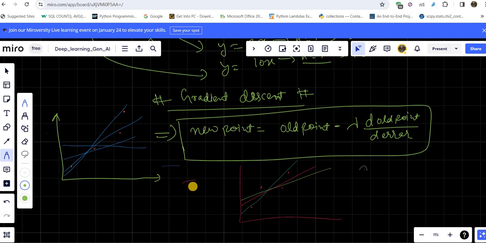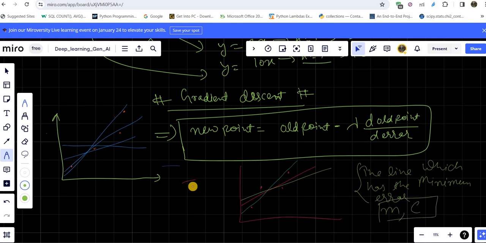The line which has the minimum error. If you finalize the line, it means you finalize the value of the slope and intercept.